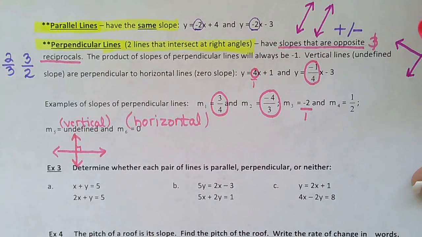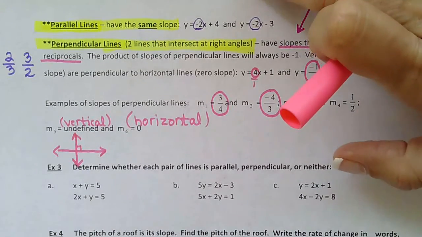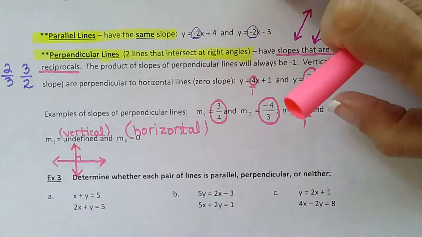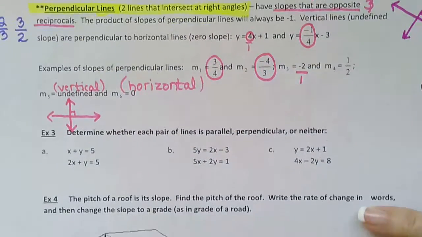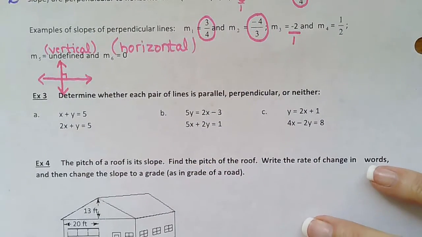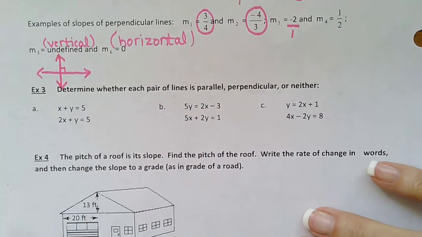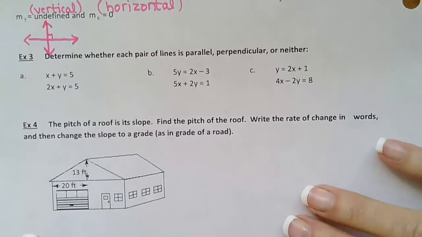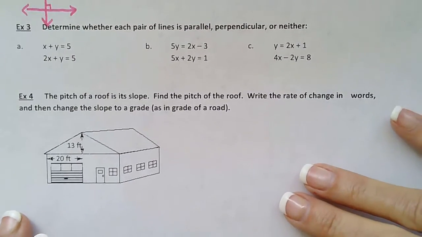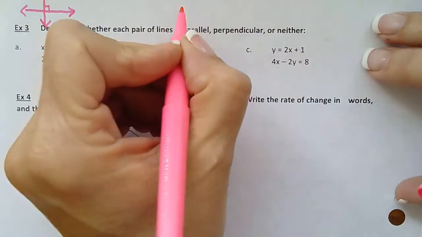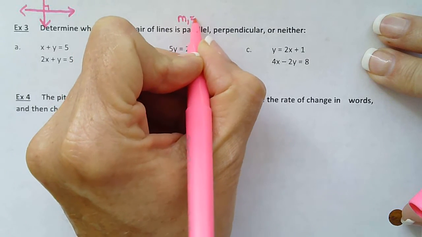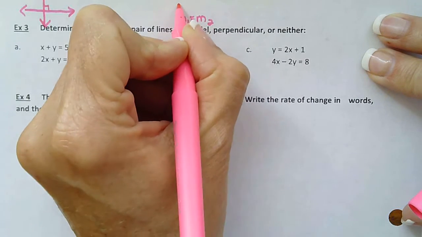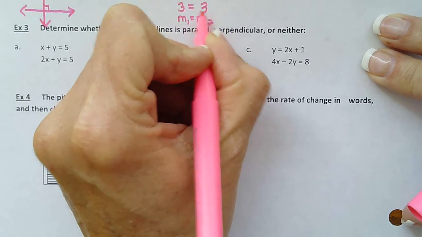Okay, so let's put our last section, where we solved for y and found the slope, together with this new information and see if we can determine whether lines are parallel, perpendicular, or neither. If you want to put a little icon up here, or a little reminder, something like that: parallel would be when their slopes are the same.